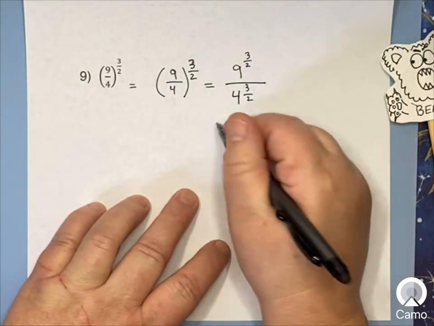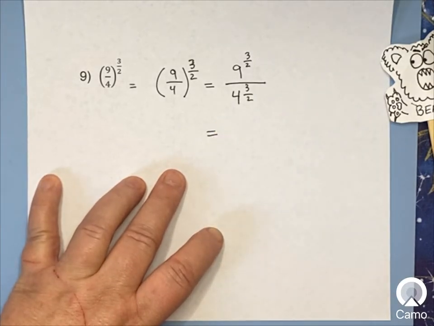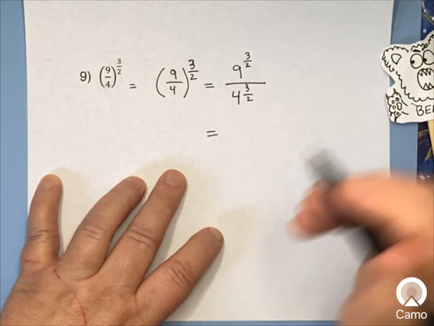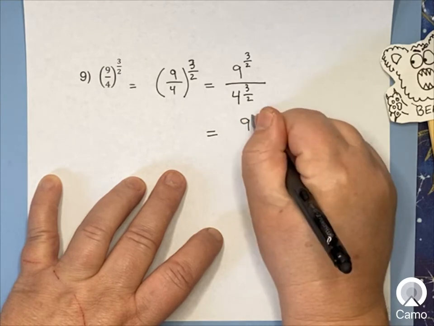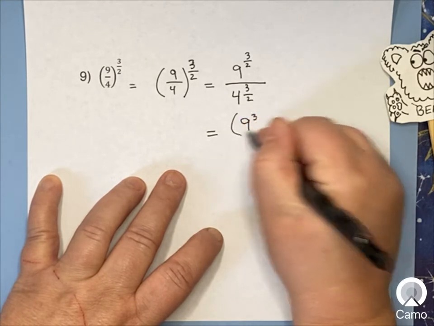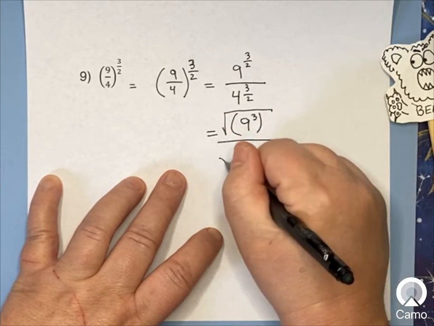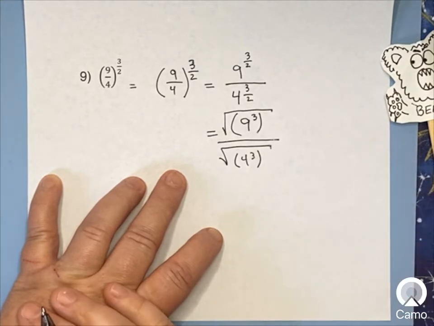Okay. Next up, I realize everything's positive. Oh my goodness, isn't that awesome? So that means I can choose whether the 3 or the 2 comes first. Remember that normally it would be 9 cubed and then the square root of that. Same thing down the bottom, 4 cubed, and the square root of that.